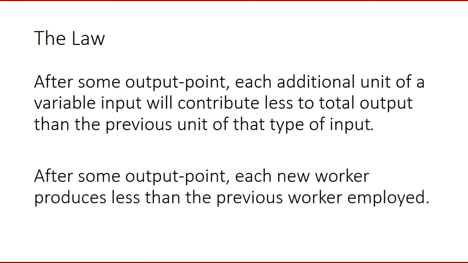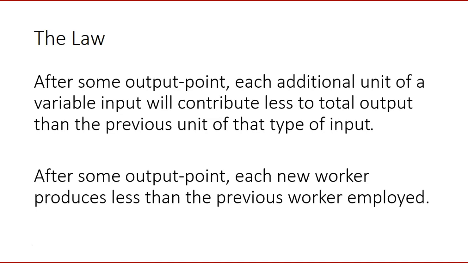If we then tried to make it a little bit more concrete and assumed that labour is the variable input that we're interested in here, we would say that after some output point, each new worker produces less than the previous worker employed. And this is progressively the case.